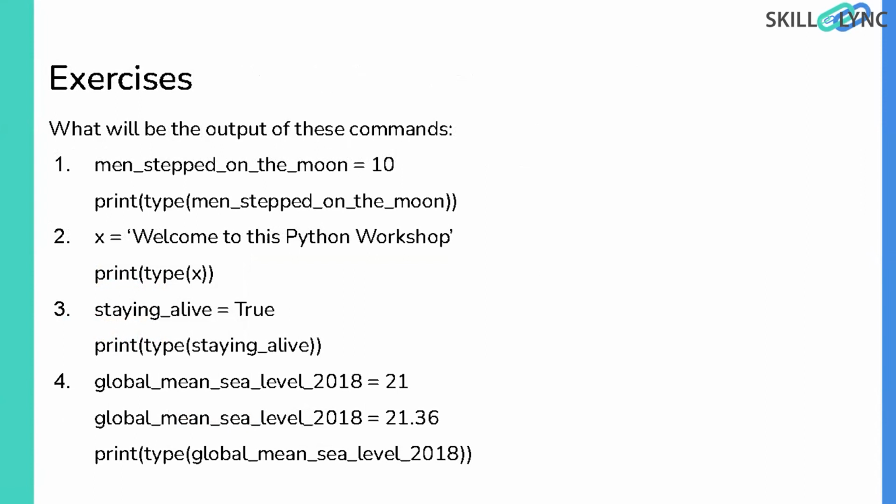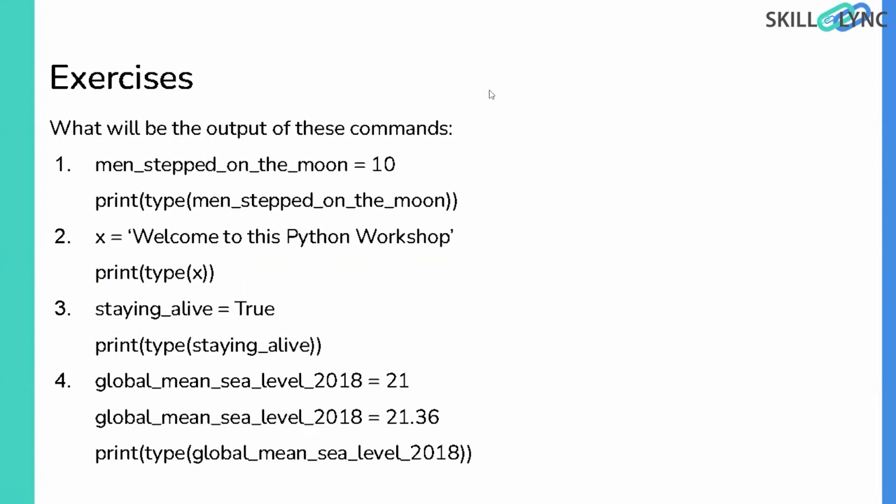So can somebody tell me what the outputs of these commands are? This is again a quick exercise. First one, what is it? Integer. Perfect. Second one is string.